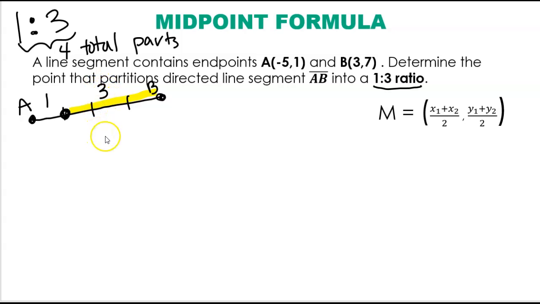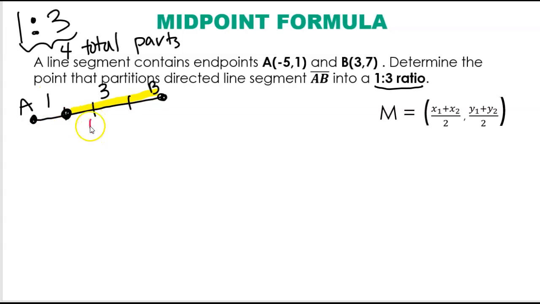Now, where does the midpoint formula come in? If we use the midpoint formula on points A and B, we would come up with our midpoint M right there. And then if we use the midpoint formula again on A and M, we would come up with this point here. So that's what we're doing. We are applying the midpoint formula twice in order to find out where our partition point will be. Okay?